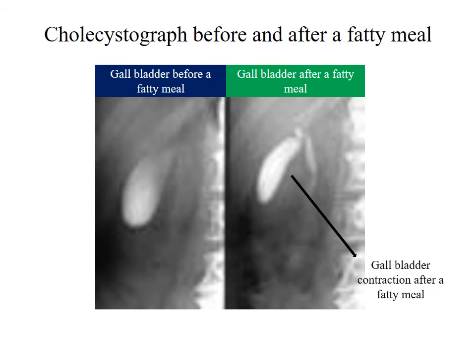Now think about why the gallbladder contracts: because CCK is the hormone which is released, which acts upon the gallbladder, and the gallbladder will squeeze and the bile will be released into the second part of the duodenum as a result of the fatty meal. So this proves that his gallbladder is functioning normally and his CCK levels are also normal. This is usually done by the gastroenterologist just to make sure whether the gallbladder is functioning or not.